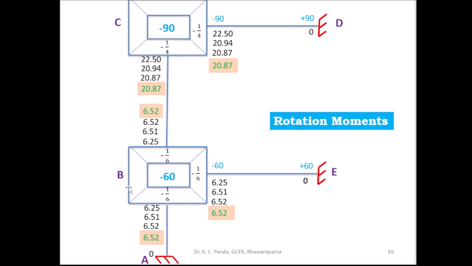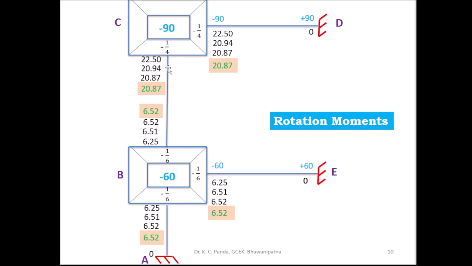Then you go to joint B. At joint B there are three members meeting, BA, BC and BE. When you are considering joint B, you have to take the far end rotation moments M-AB, M-CB and M-EB. This is the fixed end moment of joint B, and these are the rotation factors. You got at joint C the near end rotation moment M-CB.